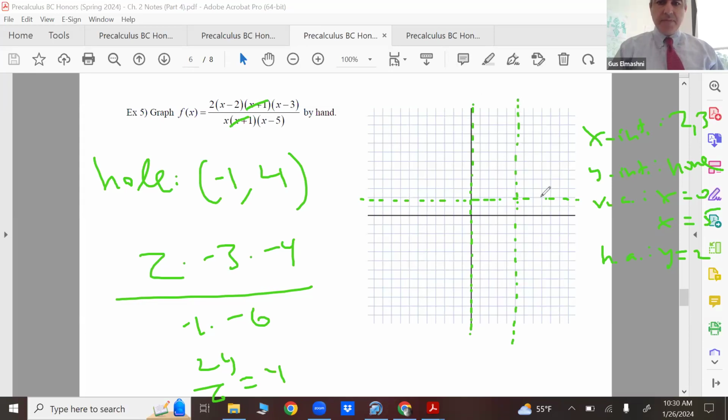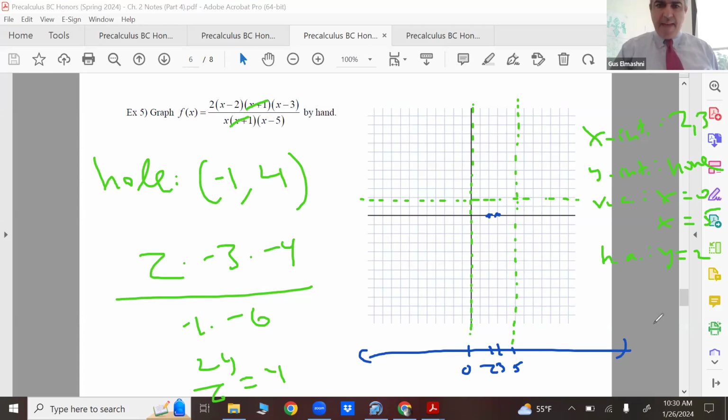Okay. X-intercepts. Sign chart. All right.